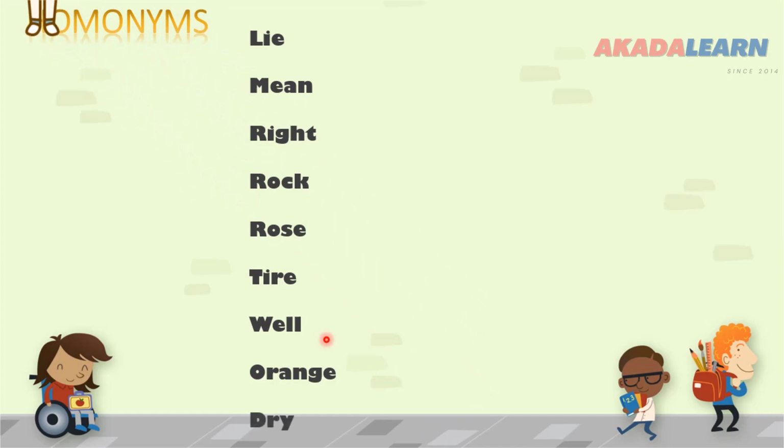And finally we have dry. Dry refers to something that doesn't have any water, something that is very dry. Dry also is an action word. It means to hang something outside, for example, or to find a way to make sure that something has no moisture or water in it.